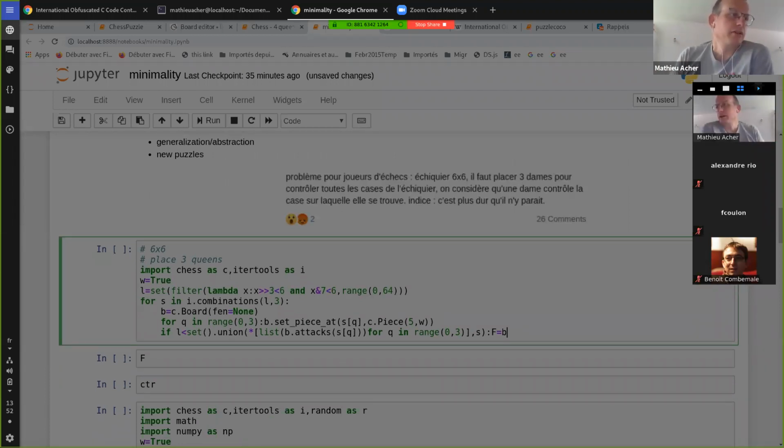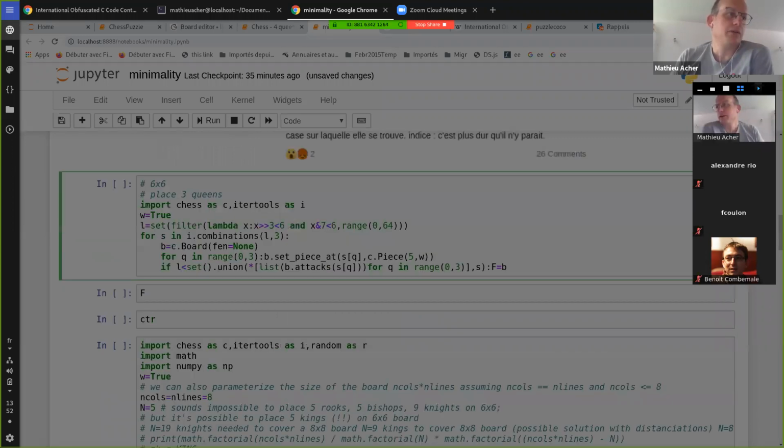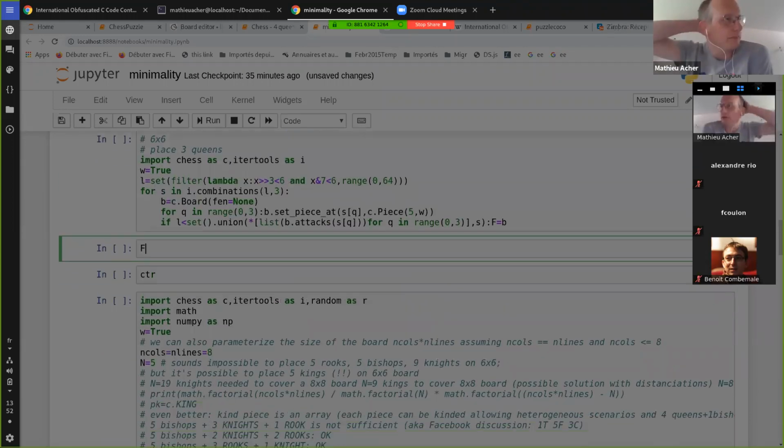Okay, so then I was thinking, maybe I can generalize, because I have solved many puzzles. Maybe I can find a solution to any chess puzzle. So I was thinking, I have some parameters, right?